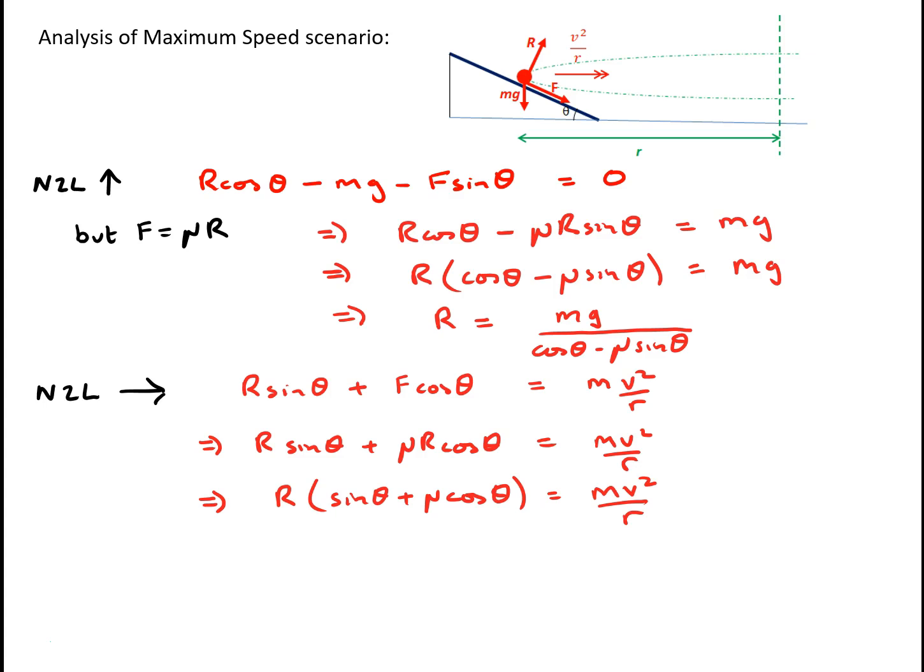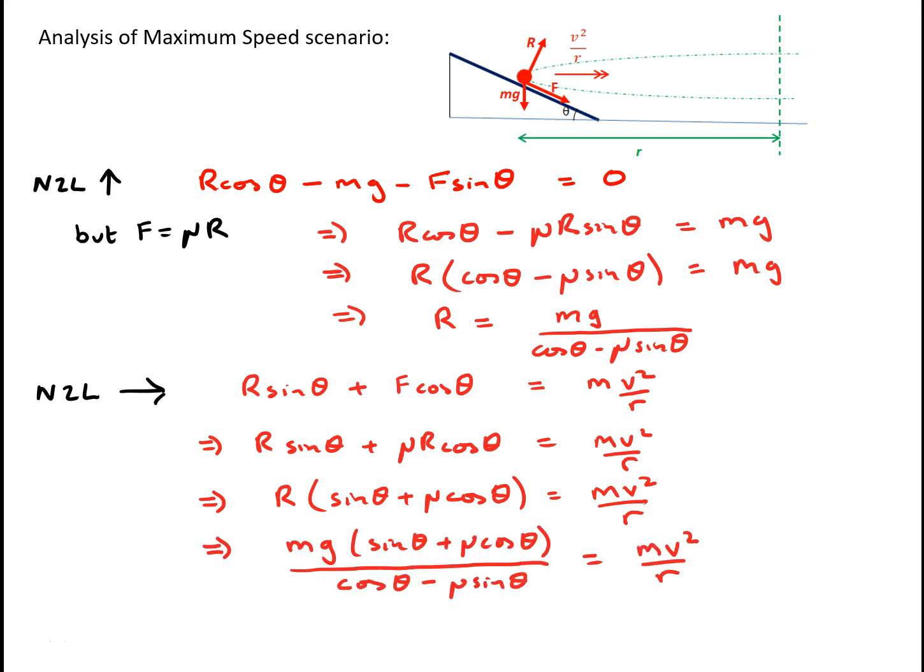But we know what the reaction force r is, so we've now got mg times (sine theta plus mu cos theta) divided by (cos theta minus mu sine theta) must equal m times v squared divided by the radius.